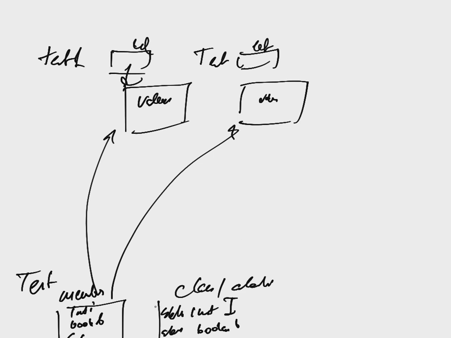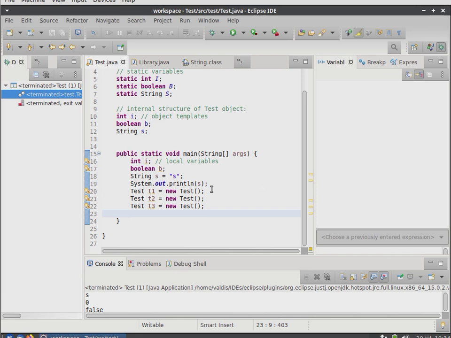But when I refer to these static structures, I always refer to the class itself. So these are common data structures. And to refer to them, for example, here we can say t1.x1.